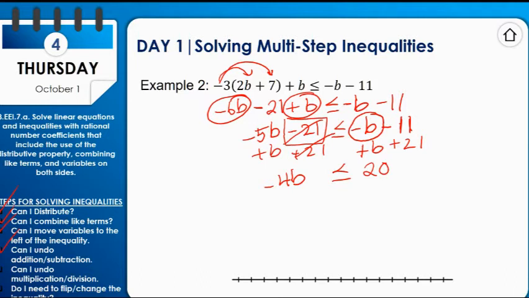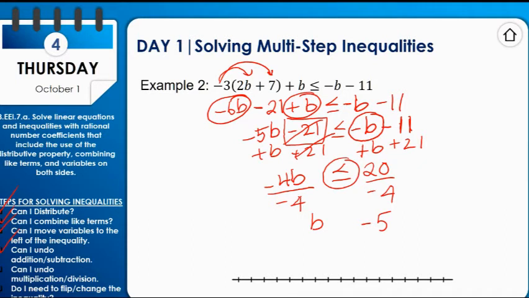Can I undo multiplication or division? In order to undo multiplication, which is -4 times b, I divide both sides by -4. Negative over negative becomes positive b. Positive over negative becomes negative. Again, I have a less than or equal to.